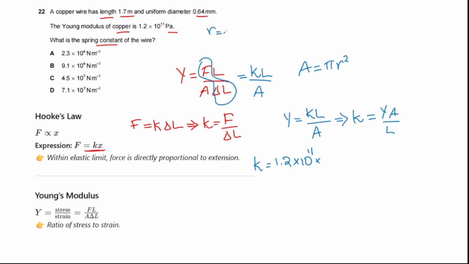So the radius is 0.64 divided by 2, which is 0.32 millimeter, or it will be 0.32 times 10 to the power of -3 meters.